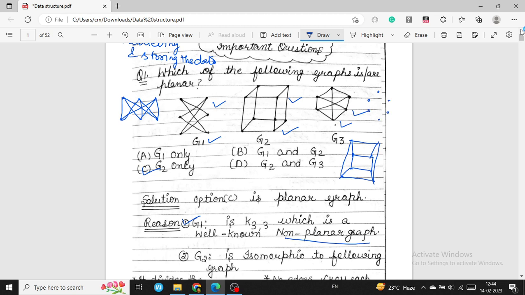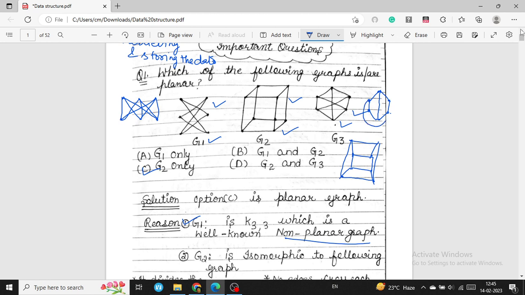You can see when we draw this line here, and if you want to draw this line, it will cross this line.